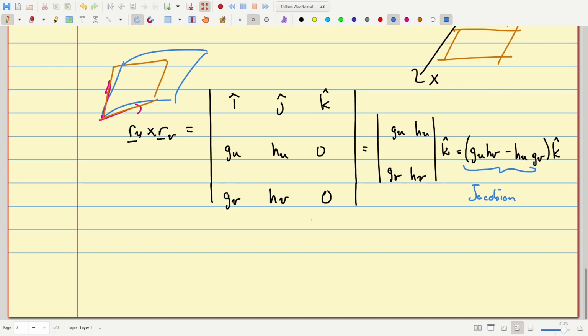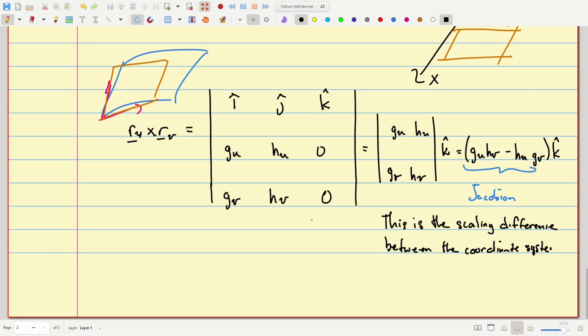All right. The Jacobian represents the scaling difference between the coordinate systems.